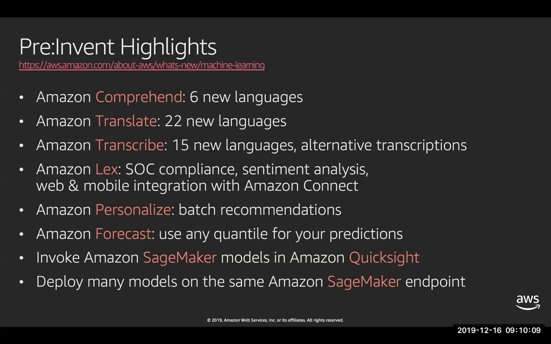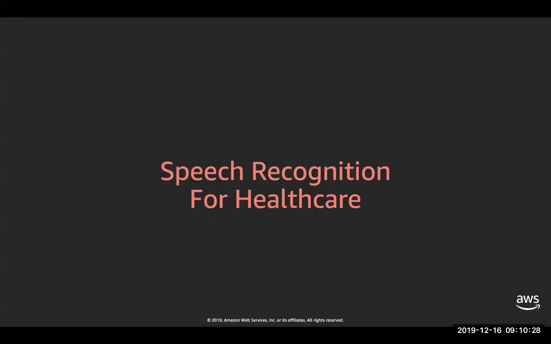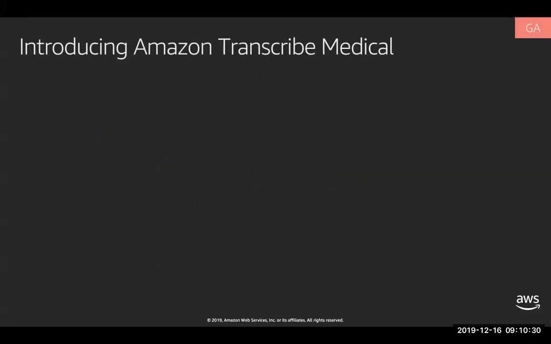There have also been some improvements to the way SageMaker deploys models. One of the biggest complaints from customers was that you could only deploy a single model to a single endpoint, and now you can deploy multiple models to a single endpoint, which is nice, better use of resources. Again, we're starting to see more in the healthcare space, like Transcribe Medical.